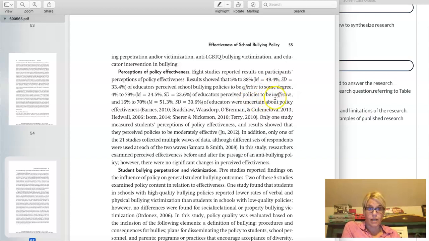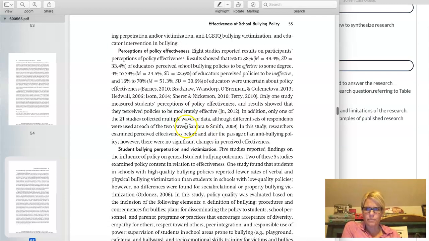Results showed that 5 to 88% of educators perceive school bullying policies to be effective. And then it goes on to say other overall findings. Only one study measured the students' perception of policy effectiveness, and results showed that they perceived policies to be moderately effective.